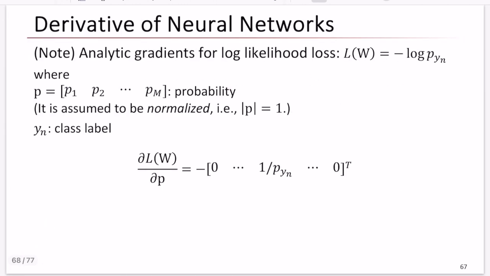Similarly, compared to the MSE loss, now we are interested in the local gradient of the log likelihood loss, which is relatively complicated. In the MSE loss function, the derivation of the y minus p length was just 2 times p minus y.